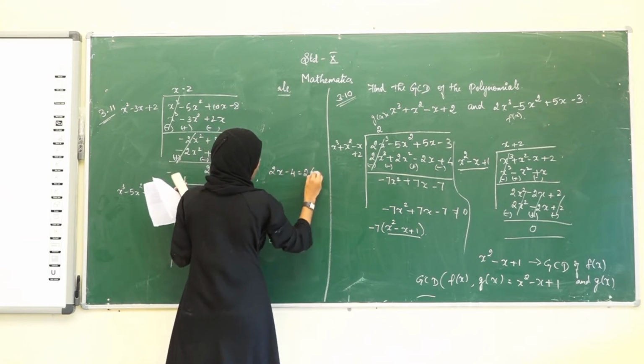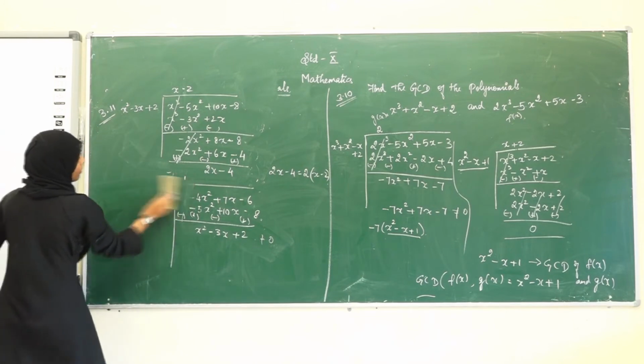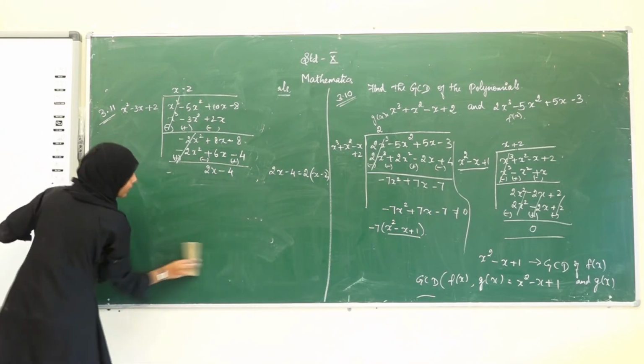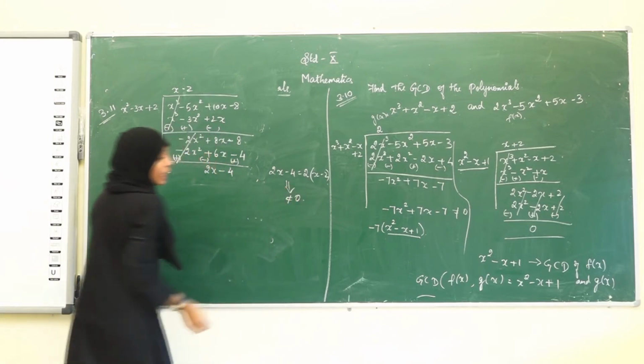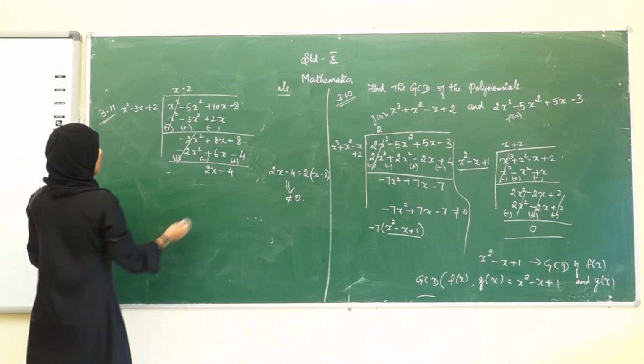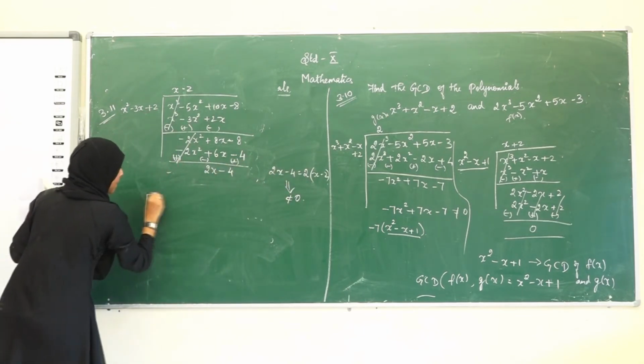Here we can take 2 outside, that is x minus 2 alone. See, the remainder is not equal to 0. So again we have to do the long division. We have to divide this term by x minus 2.